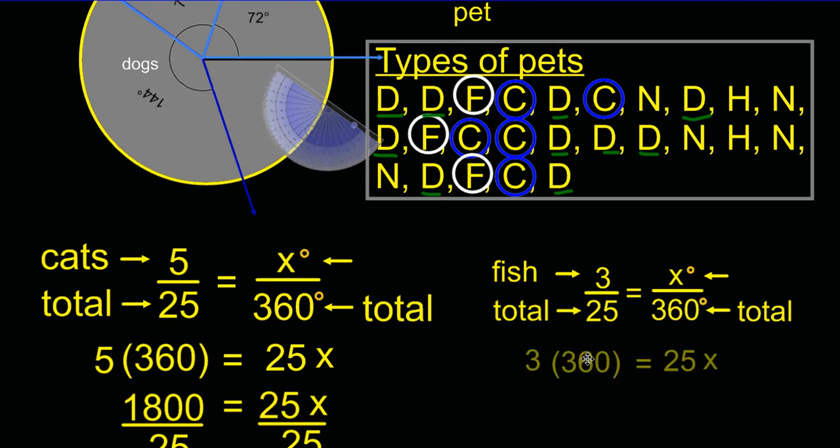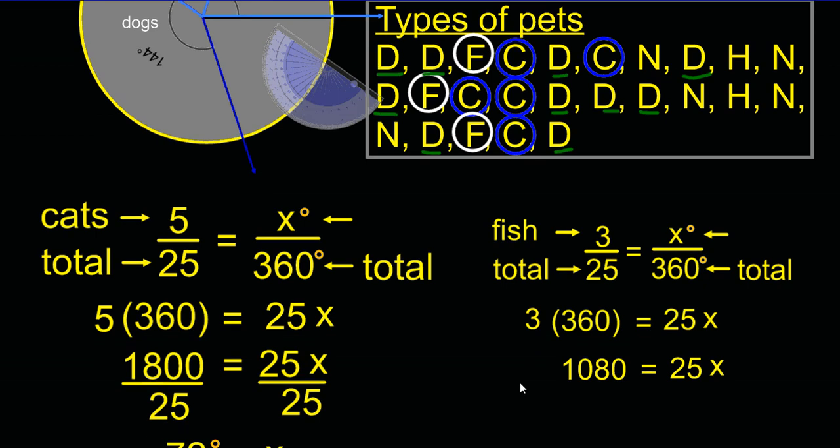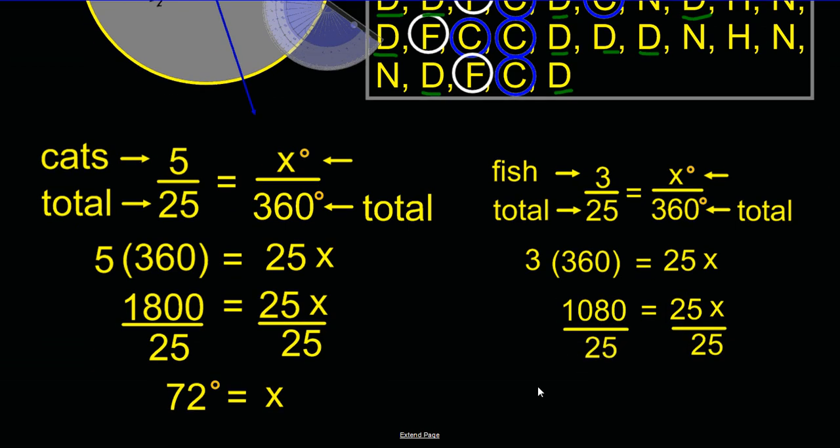Now multiply the cross products. 3 times 360 is equal to 1080. And we have 1080 equals 25x. So I'm going to use inverse operations, dividing both sides by 25, the division property of equality. And I get my answer, 43 degrees equals x.